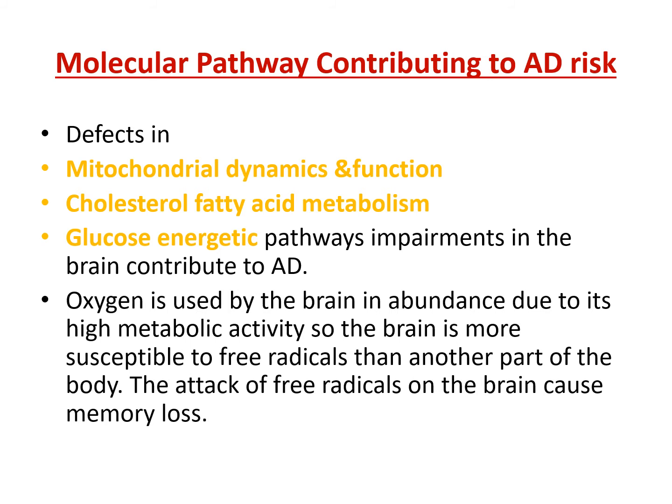Oxygen is used by the brain in abundance due to its higher metabolic activity, so the brain is more susceptible to free radicals than other parts of the body. The attack of free radicals on the brain causes memory loss.